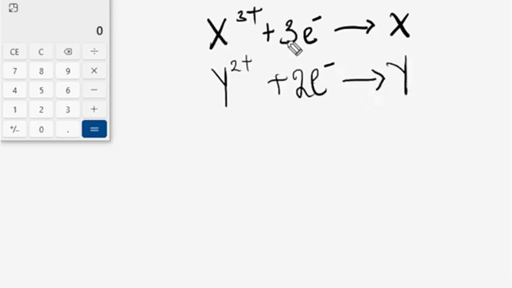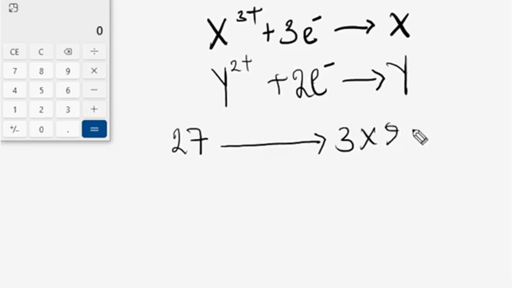So this is how X will discharge, and this is how Y will discharge. So having this knowledge, we are going to see, since we are given the atomic masses, the atomic mass of X, which is 27, will require 3 times the Faraday's constant. That's 96,500.